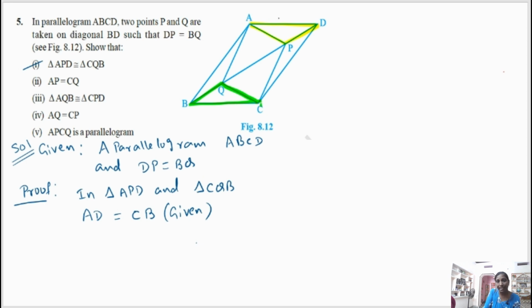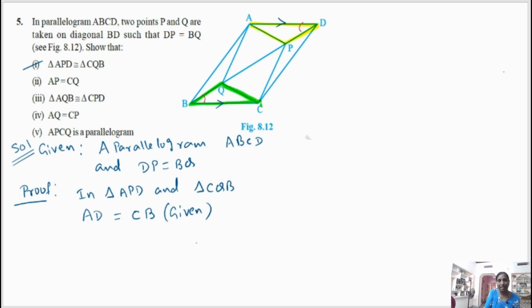Also we know that in a parallelogram opposite sides are parallel. It means AD is parallel to BC, and BD is a transversal. So alternate interior angles are equal. It means this angle is equal to this angle. Can you name these angles?